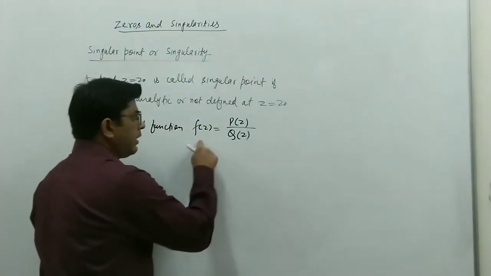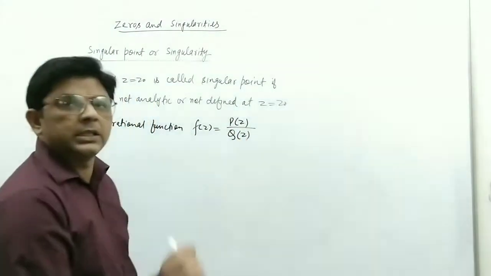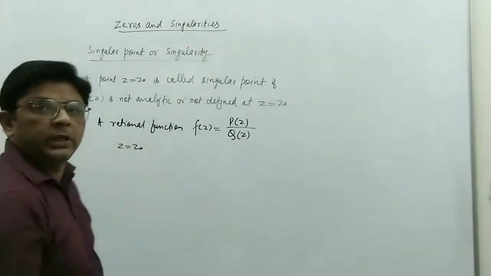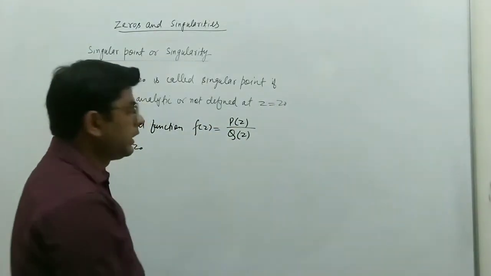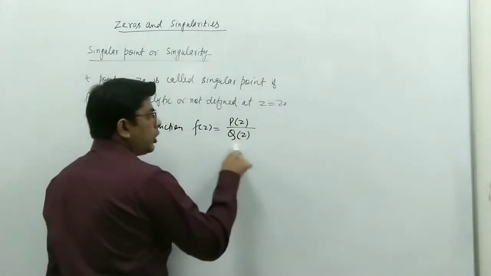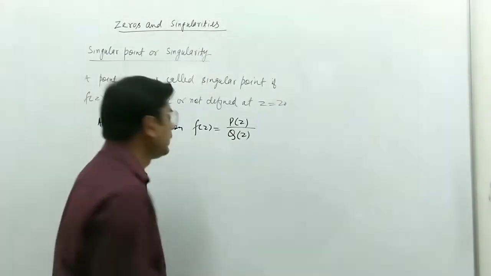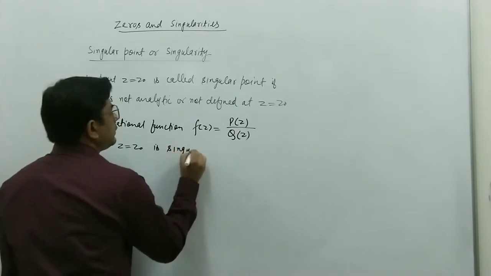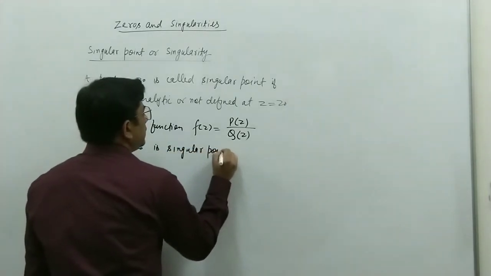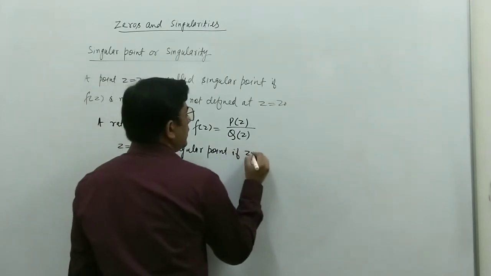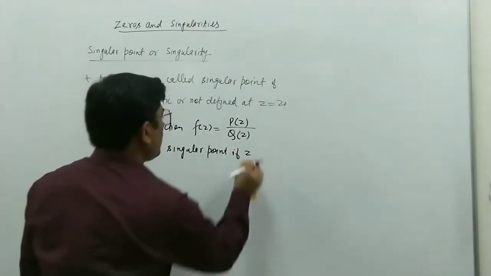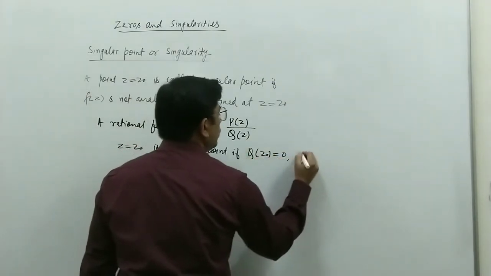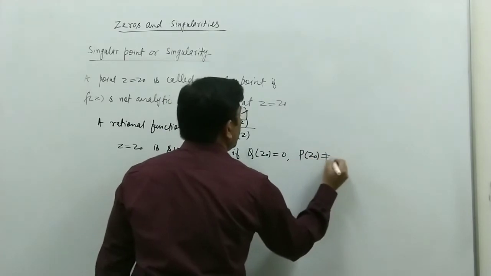So if we have a function like this, then a point z equal to z naught will be the singular point or singularity of this function if its denominator is 0. z equal to z naught is a singular point if this q, the denominator, at z naught is 0, but numerator at z naught is not 0.